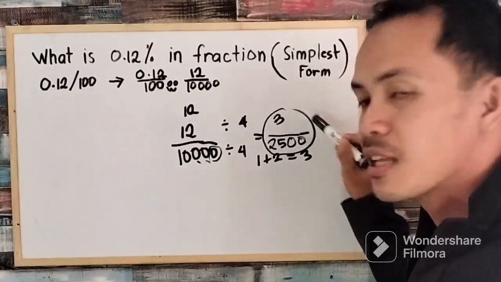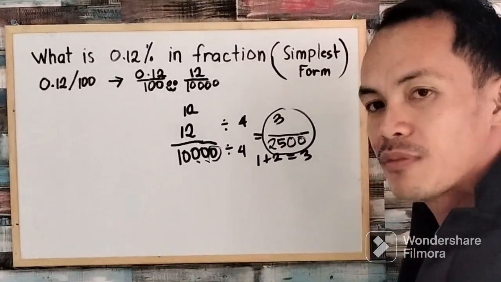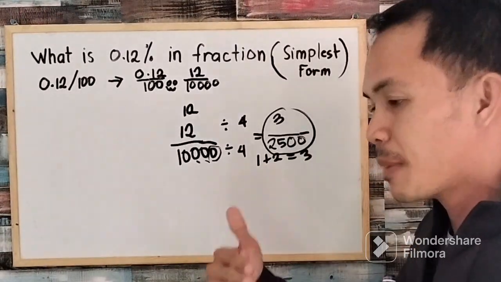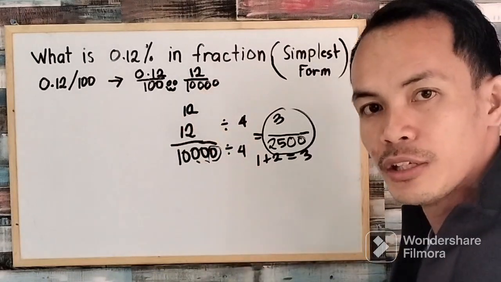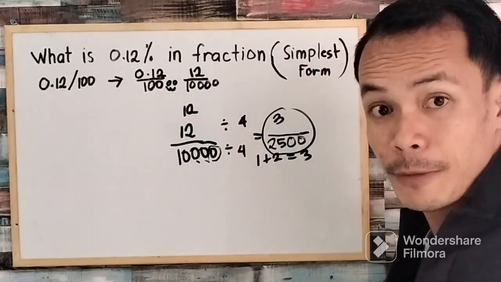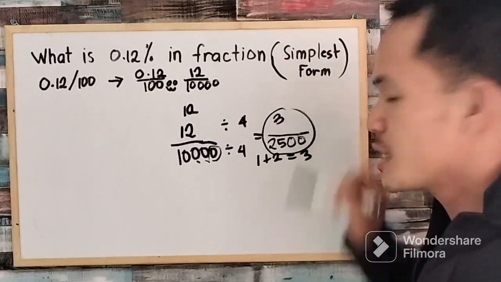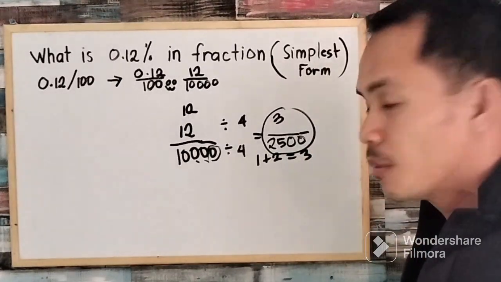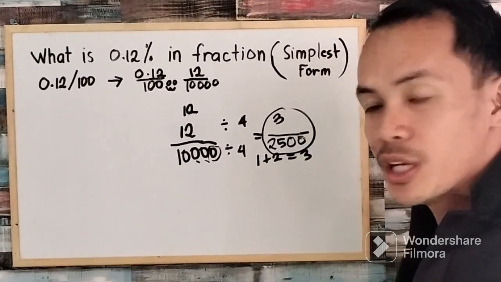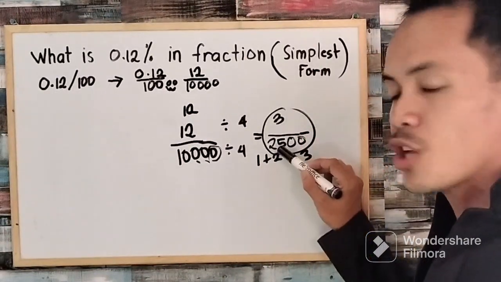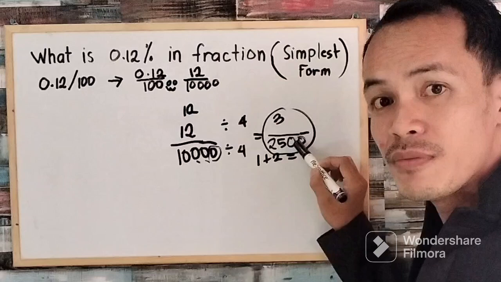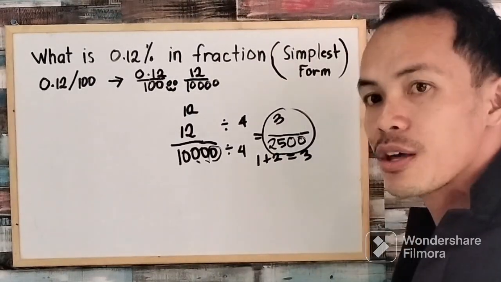No. 3 is not divisible by 2. 2,500 is divisible by 2, but both the numerator and denominator must be divisible by 2. How about 3? Yes, 3 is divisible by 3, because 3 divided by 3 is 1 without remainder. Now, let us check if 2,500 is divisible by 3.